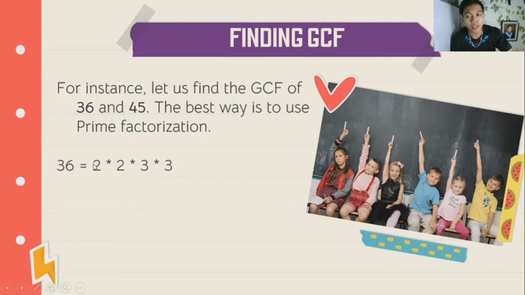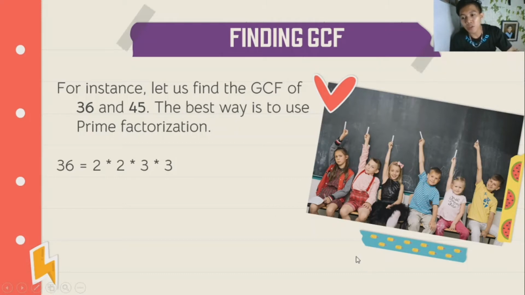Times 3, that is 36. Yan yung mga prime numbers, no? Yung prime numbers, yun yung fina-factor natin, yung pinagmumultiply natin. Kapag nakita natin sila, yun yung tinatawag na prime factorization, no? So, mahalaga na dapat matutunan muna ninyo yung prime factorization. And, nag-upload na ako ng lesson about prime factorization.